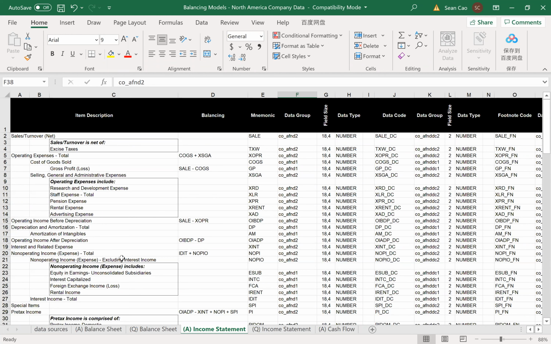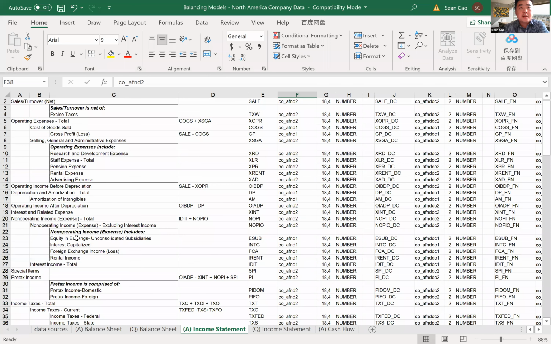This is very similar to the example I gave you, but that one was just for illustration, to get the idea. This is what you see from a real firm. You have non-operating income, special items, pre-tax income, tax, income from extraordinary items, and so on, earnings per share, and other information.